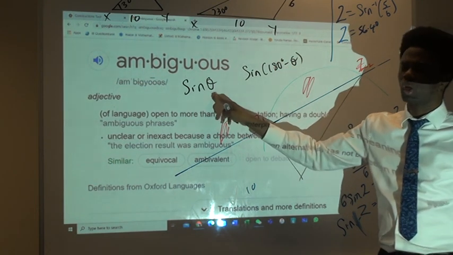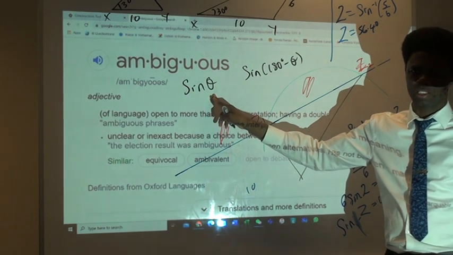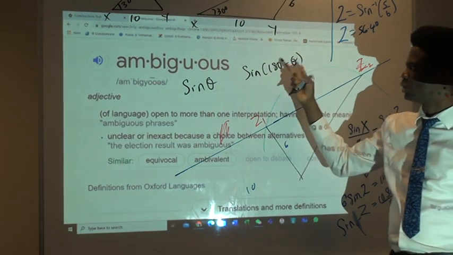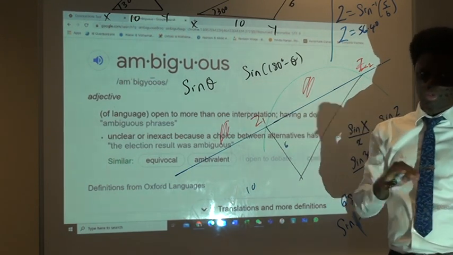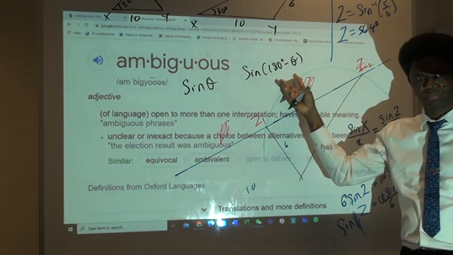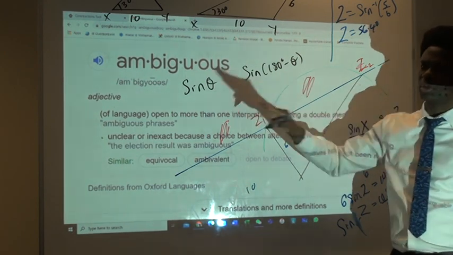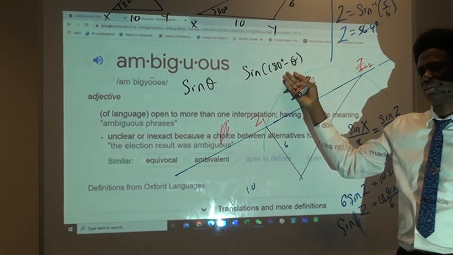Then pick an angle more than 90 in the second quadrant, from 90 to 180, and do the same. Then pick an angle between 180 and 270, and do the same. Then pick an angle between 270 and 360 and do the same as well.